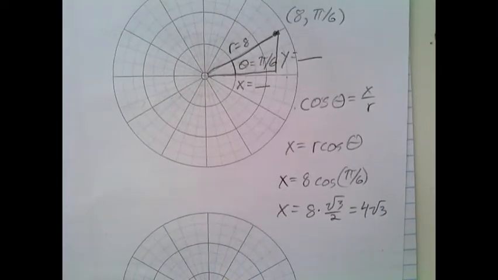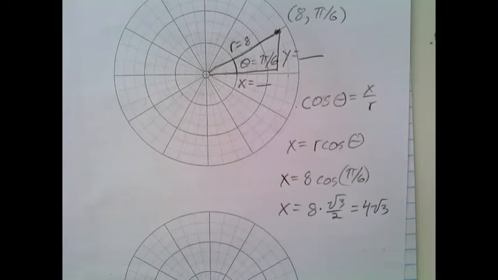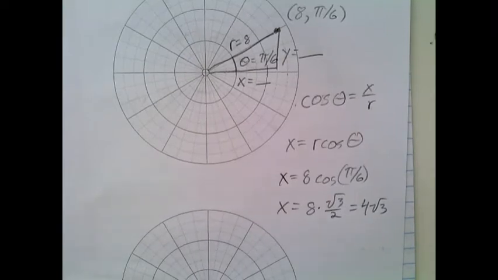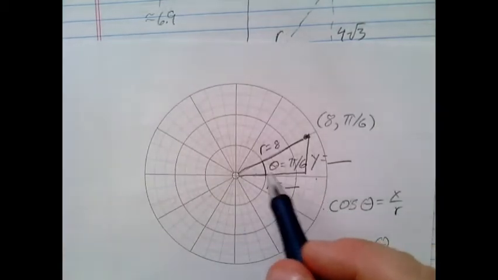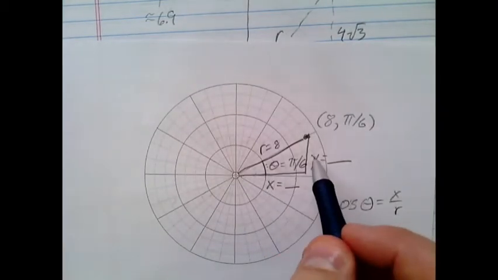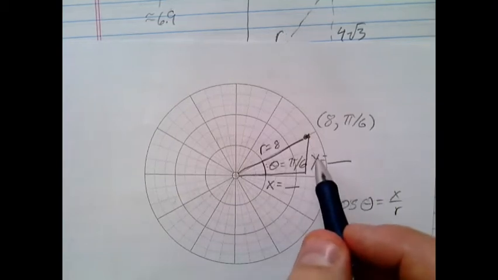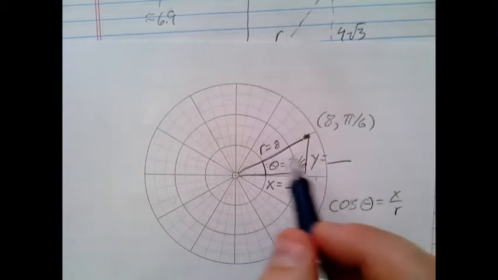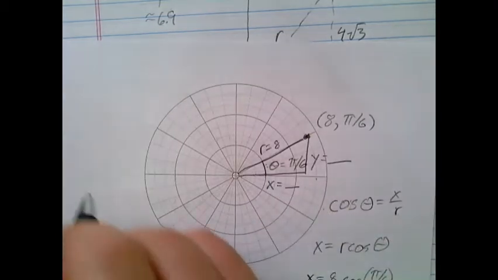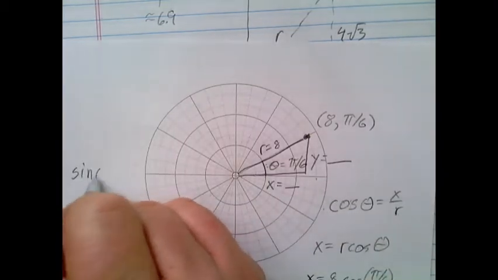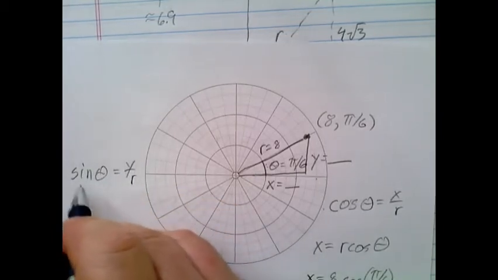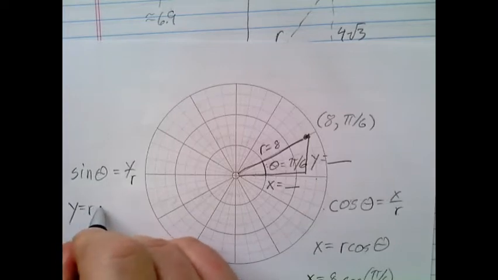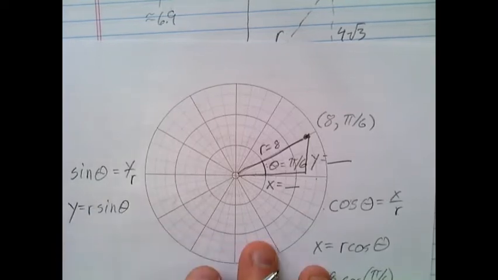Oh, okay. This point's kind of similar to that other one. It's kind of backwards. Let's find the y value. We'll do something similar, but for our angle theta, y isn't the adjacent side, it's the opposite side. So if I want to relate the opposite side to the hypotenuse, I'm going to use sine. So sine theta would equal y over r. So again, if I put the r with the sine, I could say y equals r sine theta.